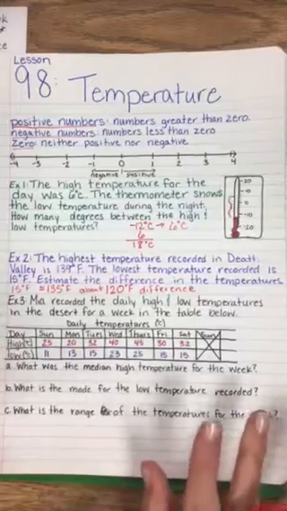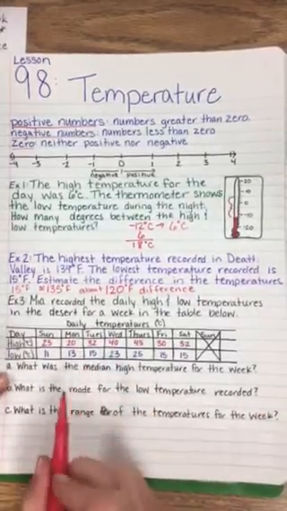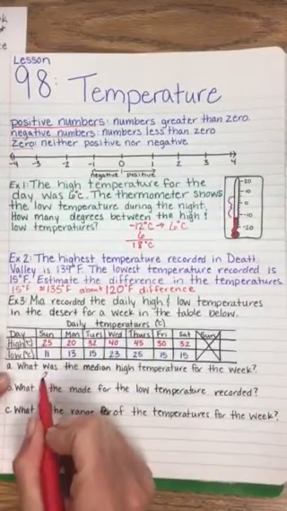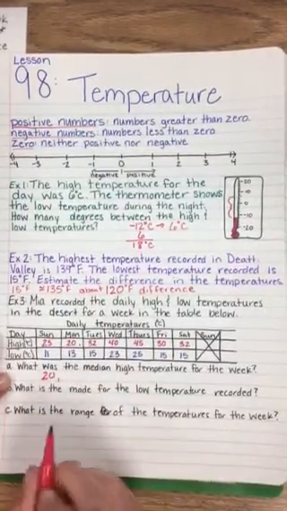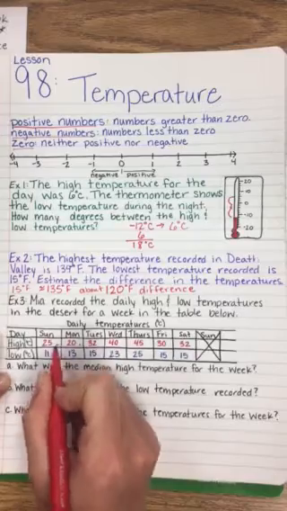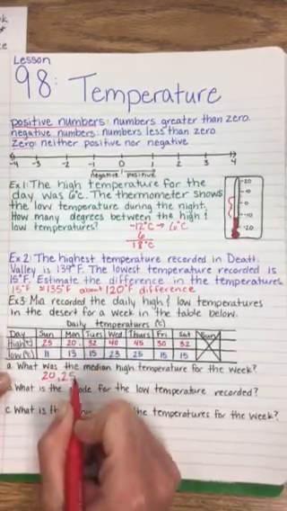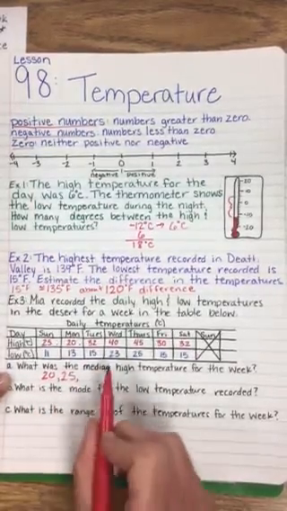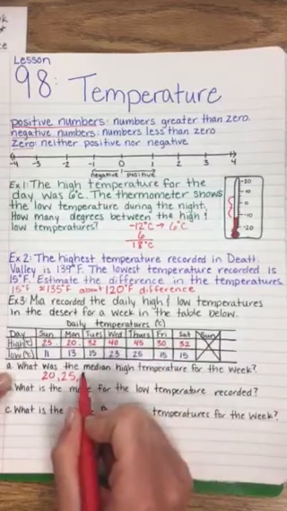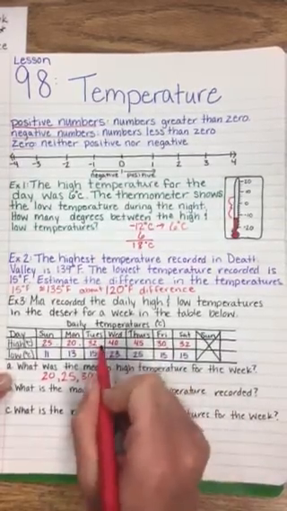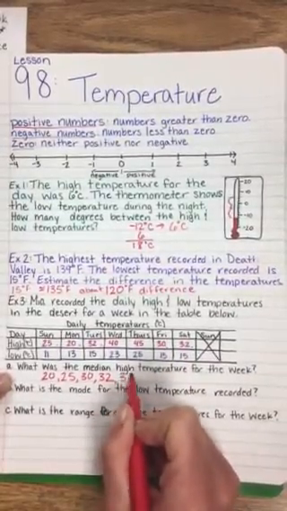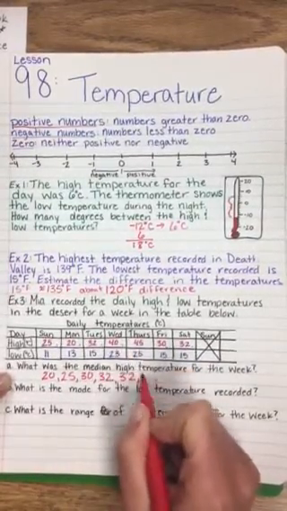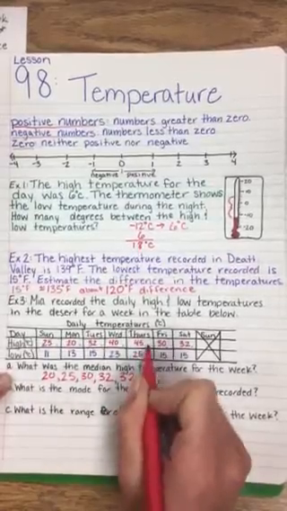The first thing we do is write our numbers from least to greatest in order. So we have 20 degrees. I'm just going to make a little mark there when I've done it so I don't do any numbers twice and I make sure I get them all. 25, and then we've got 30, and then 32, and another 32, and then 40, and then 45.